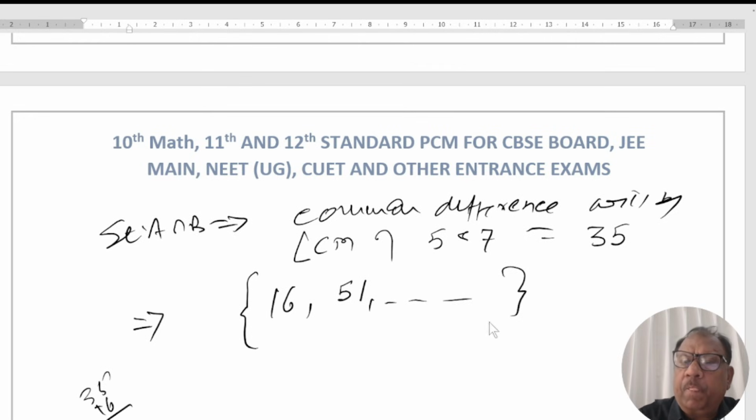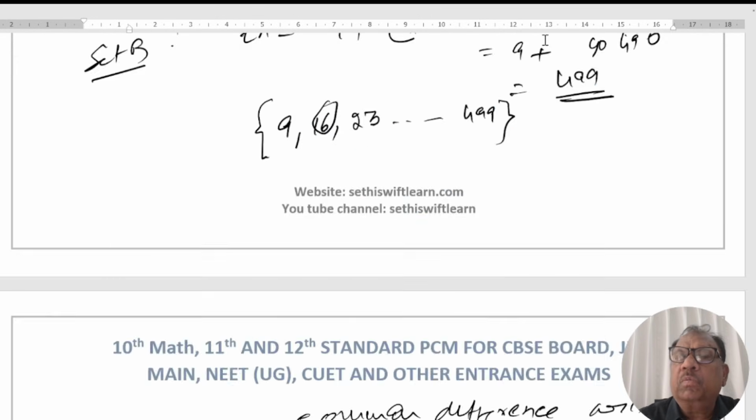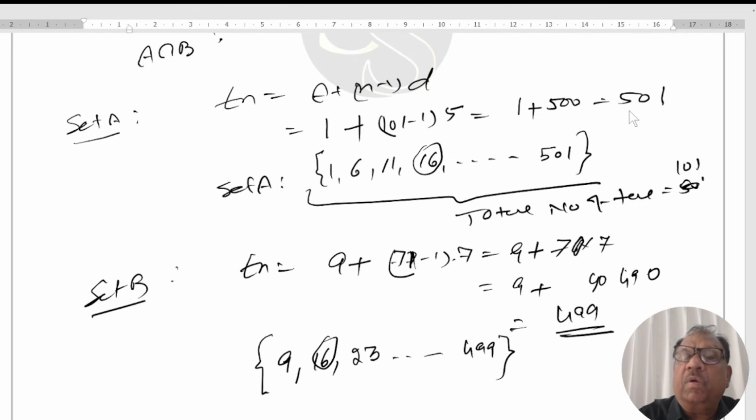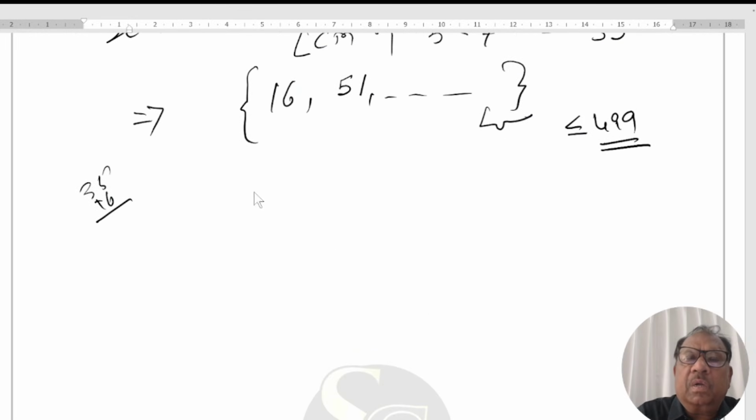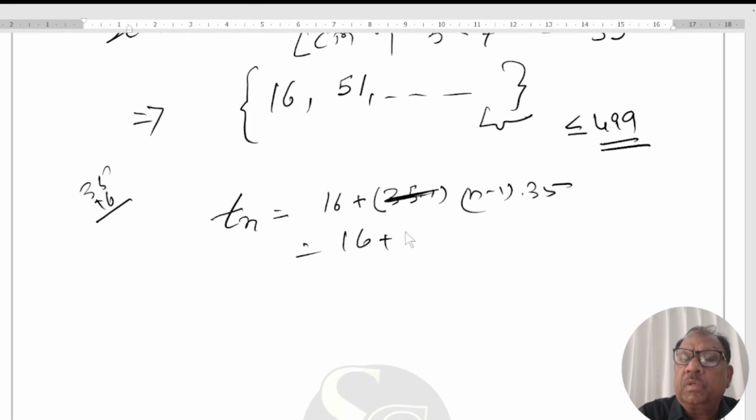The last term should be less than or equal to 499, because one set has last term 501 and the other has 499, so the last term should be within that limit. The general term Tn will be equal to 16 plus (n minus 1) into 35. That is 16 plus 35n minus 35. This comes out to be 35n minus 19.